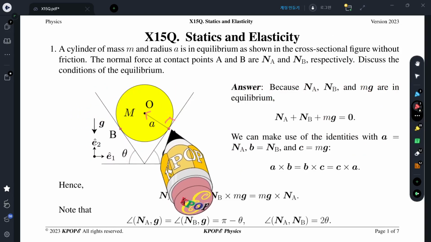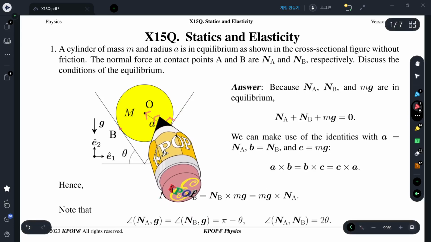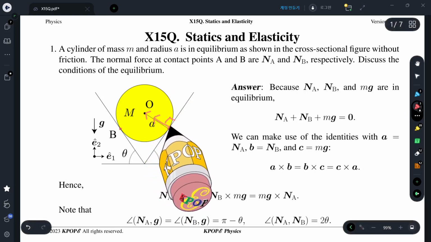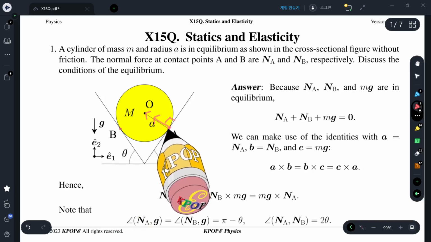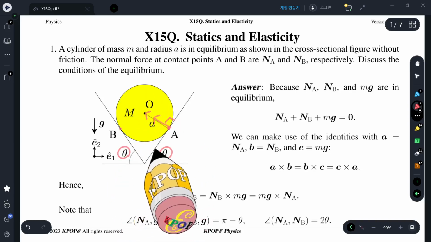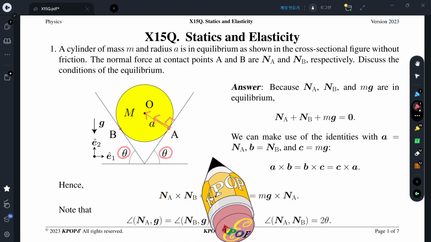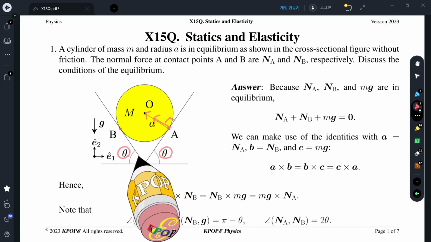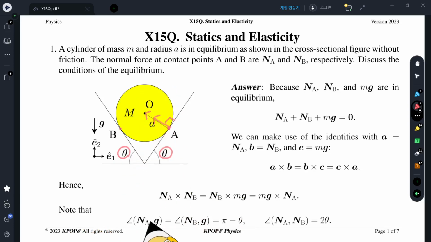Okay, so here there is a normal force applied, and left and right we have the same angle, the slope and the horizontal plane make the same angle, so there is a left-right symmetry.